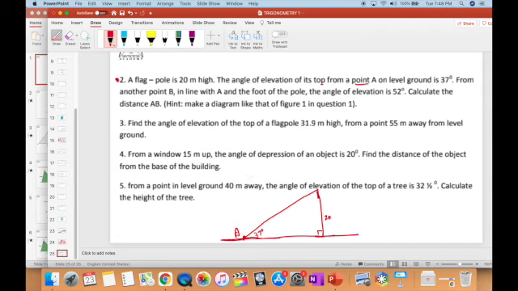And then from a point B, the angle of elevation is 52 degrees. So from the point B, looking up, this is the point B, and the angle of elevation is 52 degrees, right? Calculate the distance AB, which is here to here. As you can see from the diagram, it's the same kind of question that we saw before.